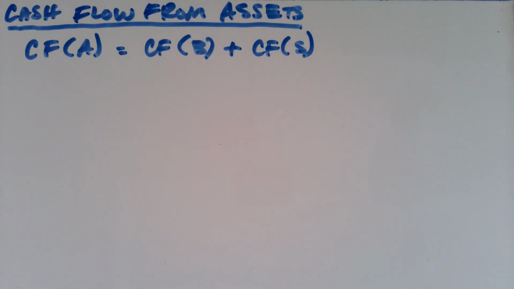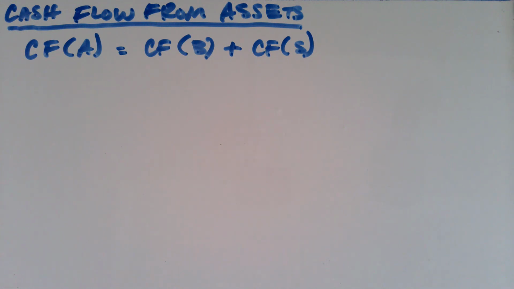So where does the cash flow come from to send the cash flows to the bondholders and the shareholders? Well, it comes from the assets of the firm. And why are the bondholders and the shareholders the ones who get that cash flow from the assets? Because they are the investors who are putting their money at risk in order to finance those assets. And so this makes perfect sense.